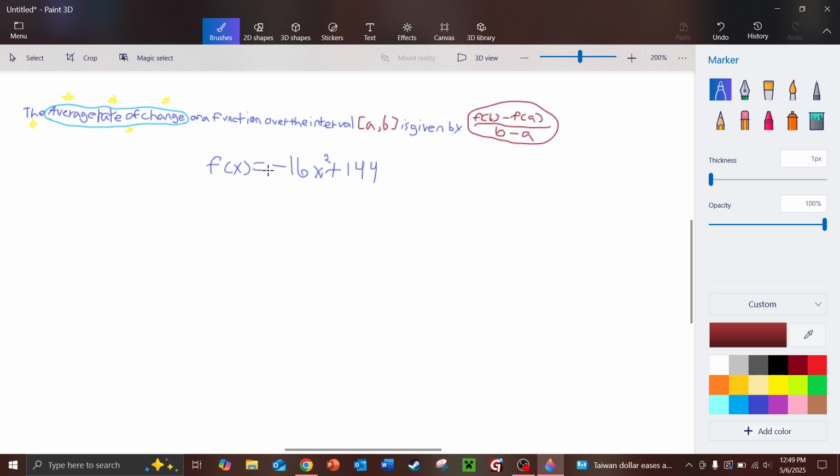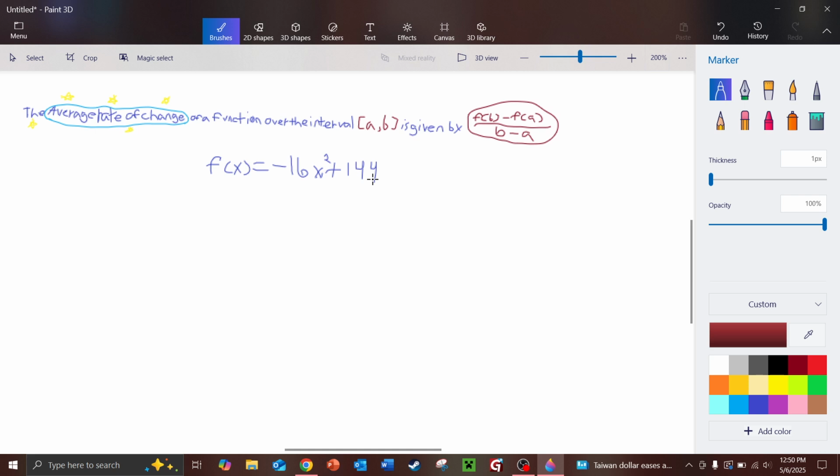f(x) equals negative 16x to the power of 2 plus 144. So the interval is represented by 0, 2.